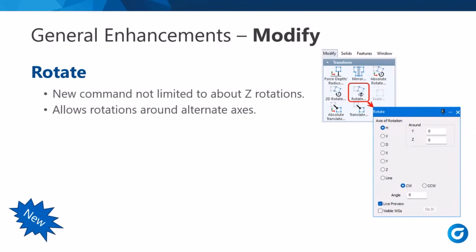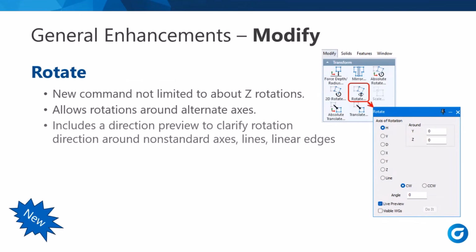So now we allow rotations around alternate axes. You can see here HVD, horizontal, vertical, depth, XYZ, or a line, which can also be an edge, and I'll show you that momentarily. It also includes a direction preview, so that it clarifies what you're rotating about and what direction.